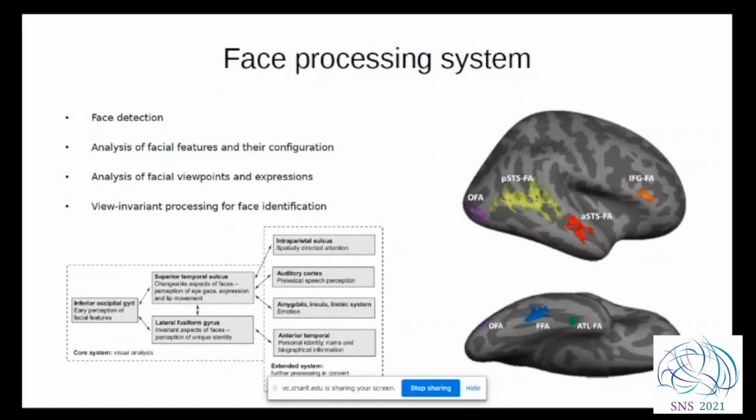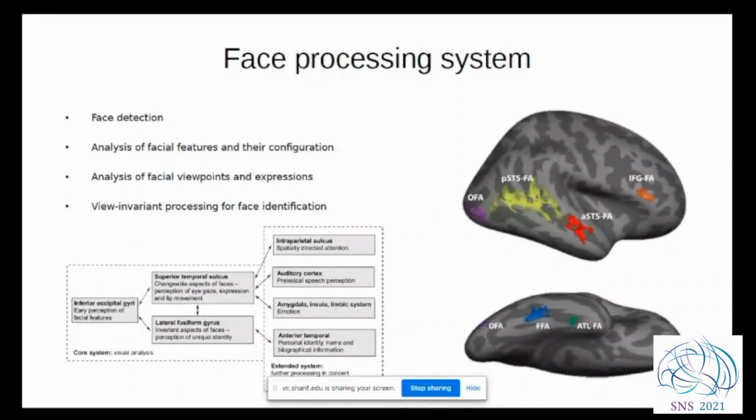In addition to these core areas, we have another set of areas which are called the extended network of face processing. These regions are usually outside of ventral occipitotemporal cortex. They are located in parietal cortex, particularly medial parietal cortex. Some of them are in frontal cortex, and we also have some subcortical structures like the amygdala.